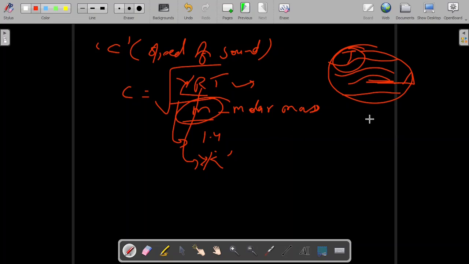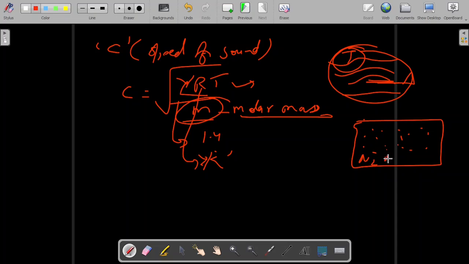But if we speak about doing a prototype testing in a controlled ambient environment, at that time this molar mass is of specific significance, because of the gas which is available in the environment, like how much amount of nitrogen, oxygen, argon, or the mixture of the gas which is available, and accordingly they can check the temperature, and that's how the speed of the sound is calculated.